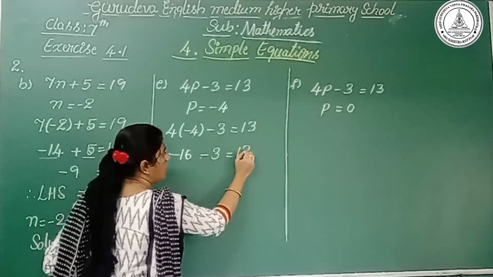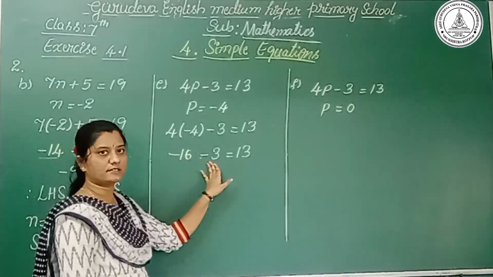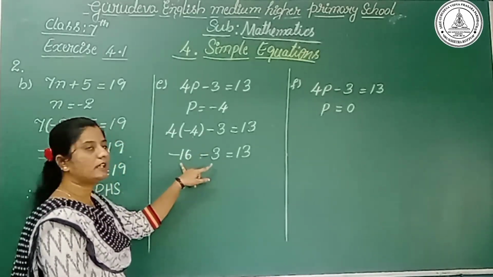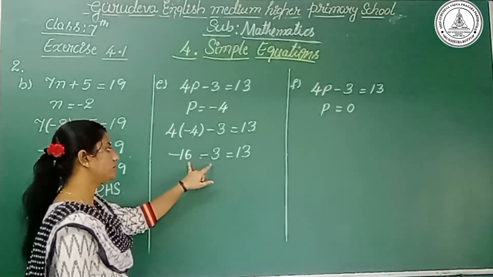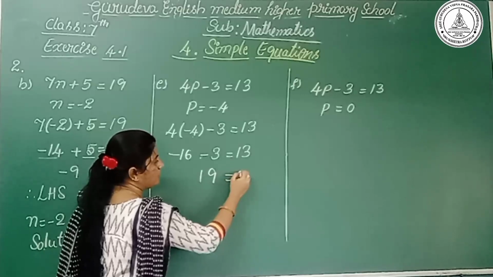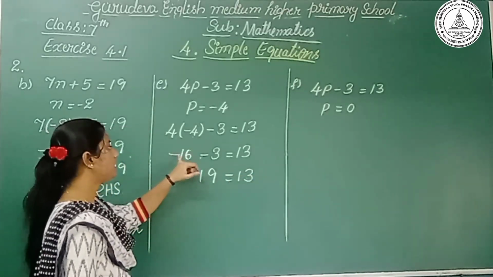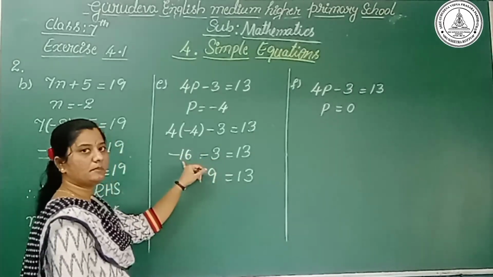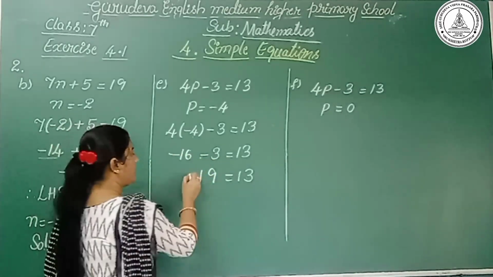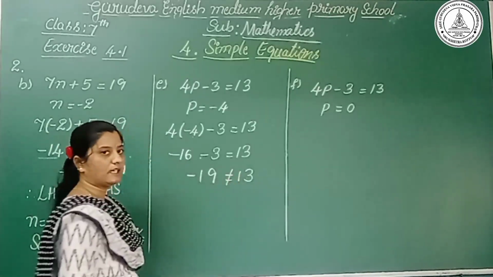Then here there is a minus 16 and a minus 3. These two have like signs, so we have to add these two numbers: 16 plus 3 is 19, and the greater number is minus 16, which has a negative sign, so minus 19 is not equal to 13.